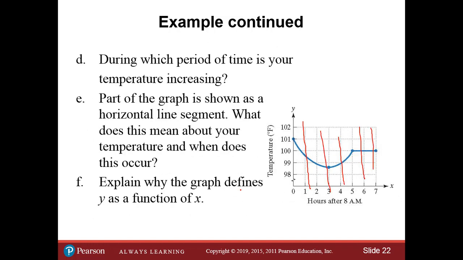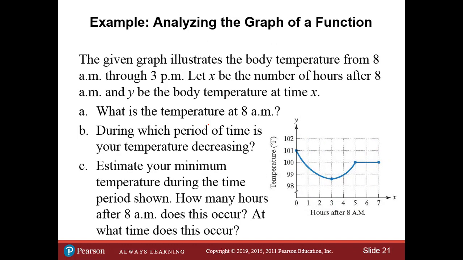Did they ask that? Hold on. Oh, I forgot. It says estimate your minimum temperature during that time. So the minimum temperature was what? Well, if we look here, we go straight across.